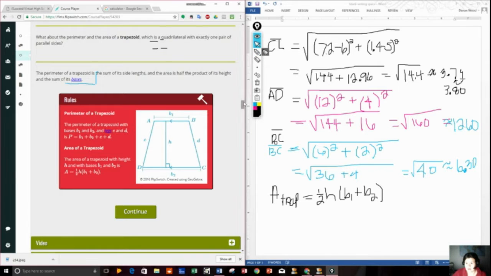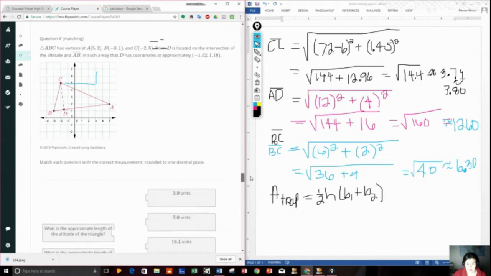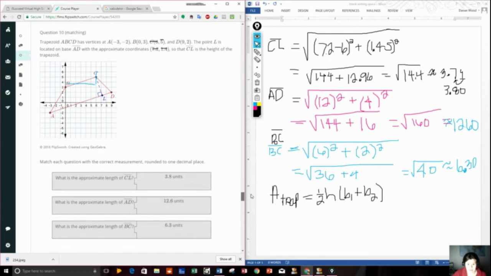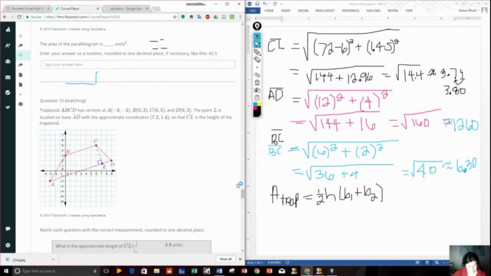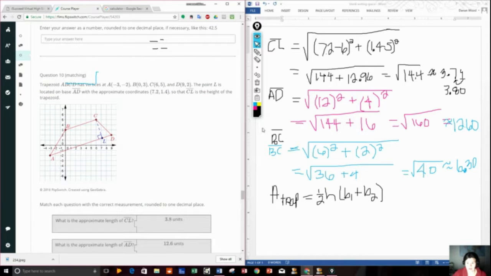And now they had us fill in our bases. It said that AD was a base right there, so I'm going to just label that as base 1, and our height connects our two bases, so I know that this is base 2, because the height goes from one base to the next.